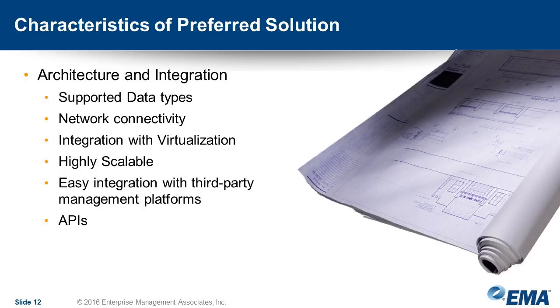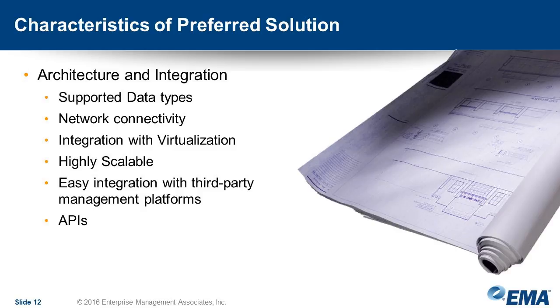So we're going to talk about now the characteristics of a preferred solution, and these characteristics are factors that were used to identify how well one vendor solution compares against each other. And the first, with architecture and integration, we want to take a look at which kinds of protocols and data are supported.